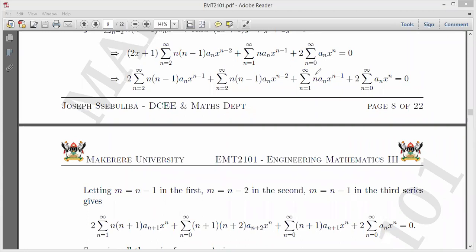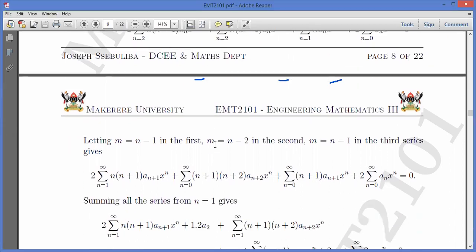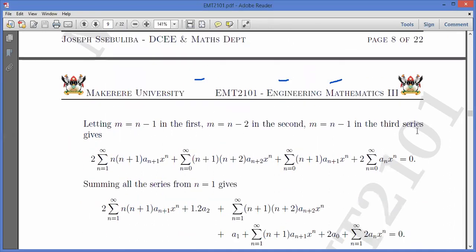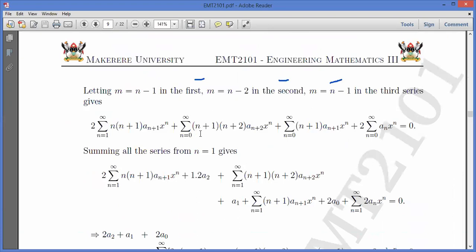Okay. So what we have is, all that you see here is simply taking that n minus 1, n minus 2, and this n minus 1 to n. So that is what appears next here. That is this work you see here. When you do that, you can see we have succeeded in achieving that.